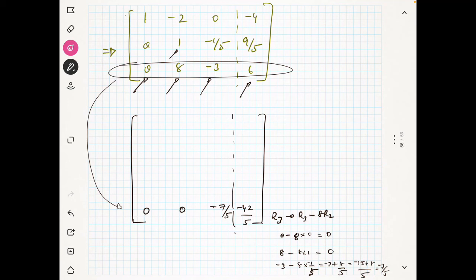For row 1 there is a minus 2 here. I don't want it. Actually, I want to make it 0. So I am going to change row 1 as row 1 plus 2 times row 2. Okay, so what will it be? First one, you see here, this is the element. So 1 plus 2 times 0, that is 0, no change.